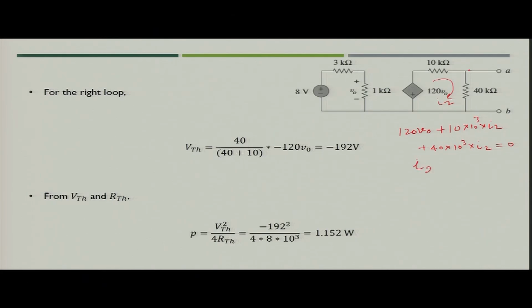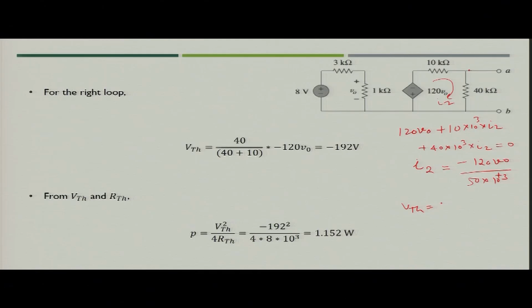So, I2 you will simply get from here is minus 120 V naught divided by 50 into 10 to the power 3. So, this you got from the loop. So, what would be VTH? VTH would be the voltage across 40 kilo ohm.